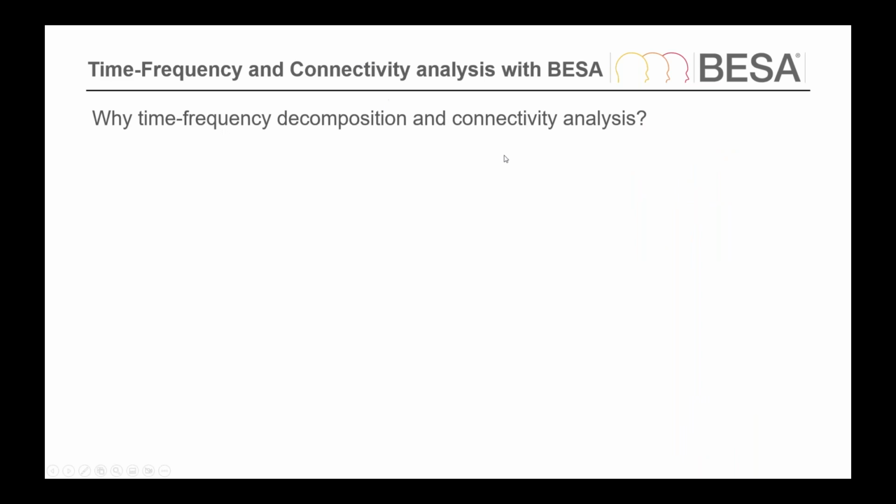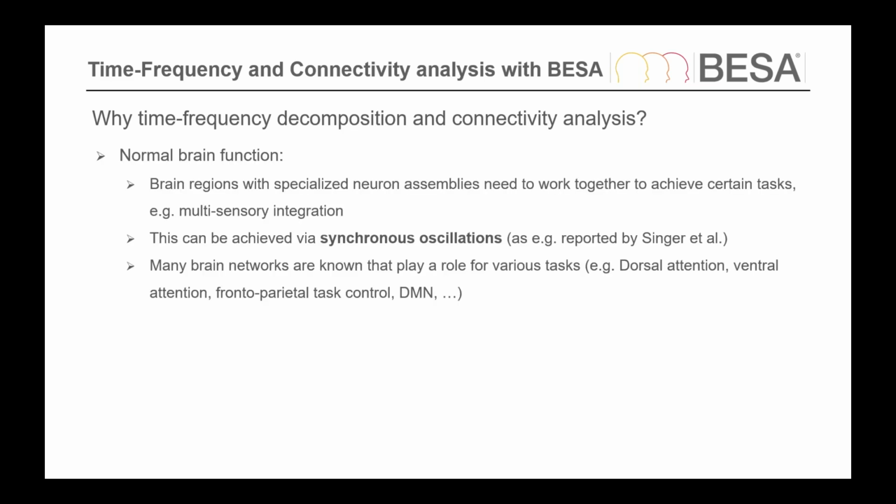So, first of all, why time frequency decomposition and connectivity analysis? First, let us look at normal brain function. Brain regions with specialized neuron assemblies need to work together to achieve certain tasks, for example, multisensory integration.